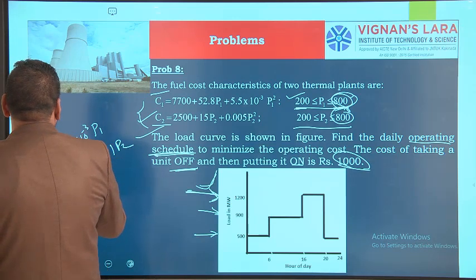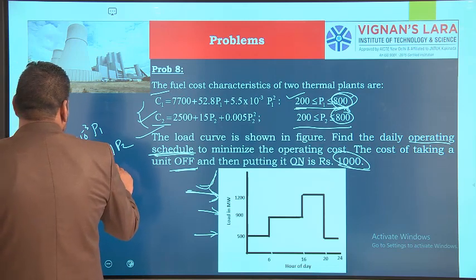And then P1 plus P2 is equal to 1200 megawatts.